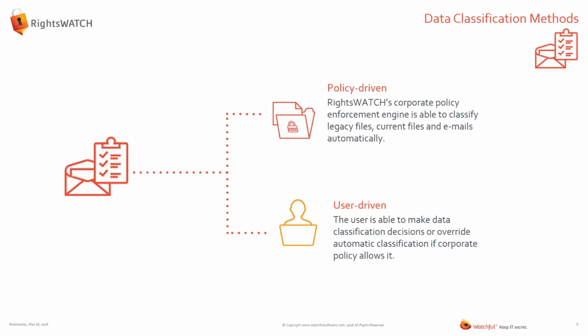This is when the user is able to make data classification decisions or override automatic classification if corporate policy allows it. So RightsWATCH enables you to have the flexibility to combine both methods according to your company's security policies. For example, corporately defined policy rules can override user decision and choices if your company chooses to do so.